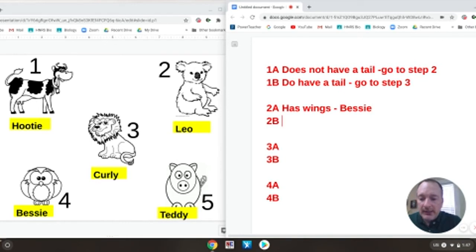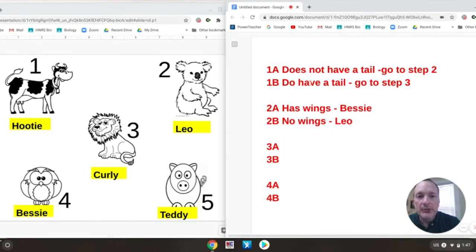So I'm done with Bessie now, and then I could describe the koala bear and say, well, it has a nose, or it has claws, or it has fur, or something like that. But if you keep it really simple, all you have to say is no wings, right? Because that sets it apart from the other one. And that one with no wings is going to be Leo.